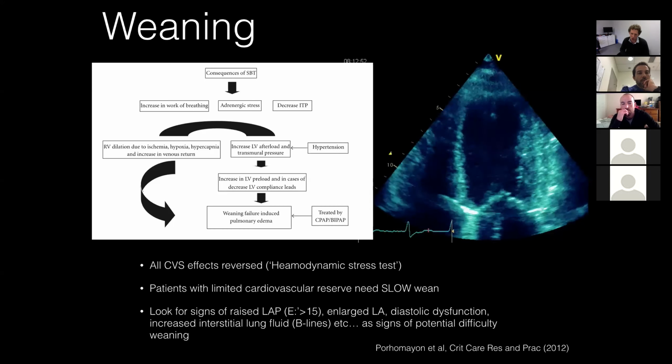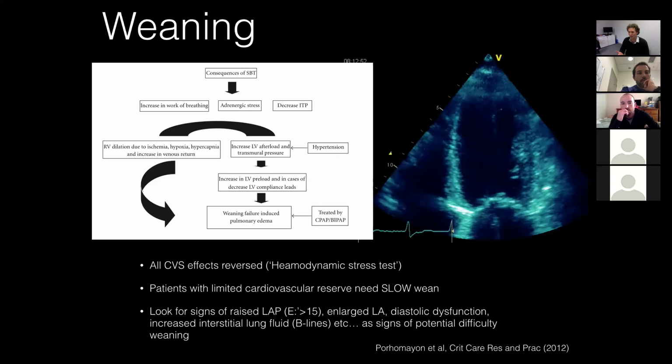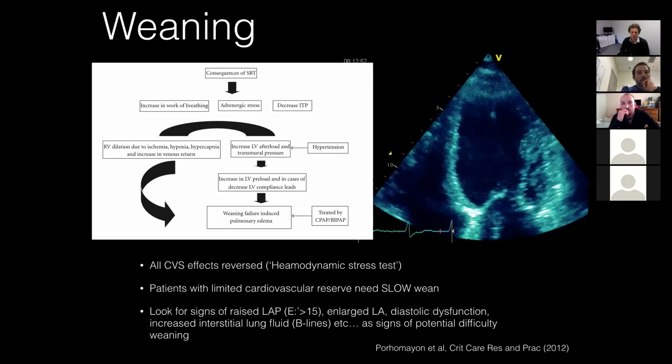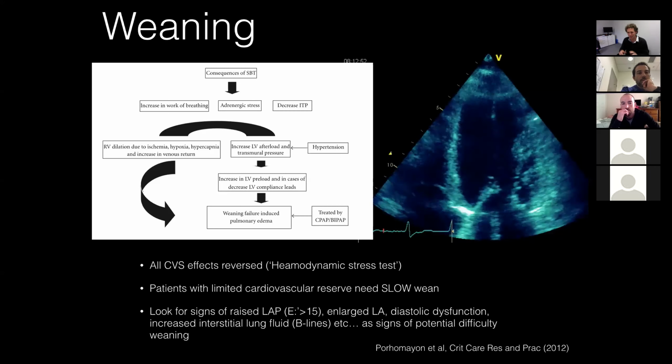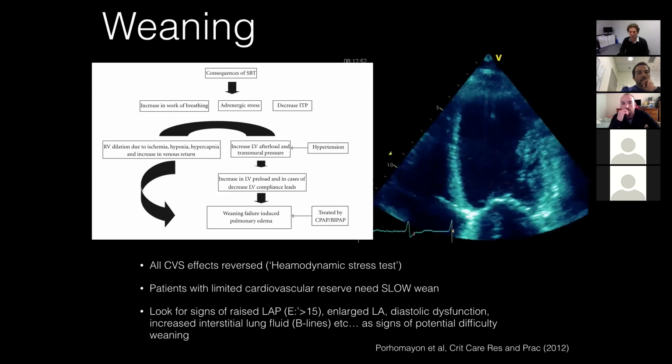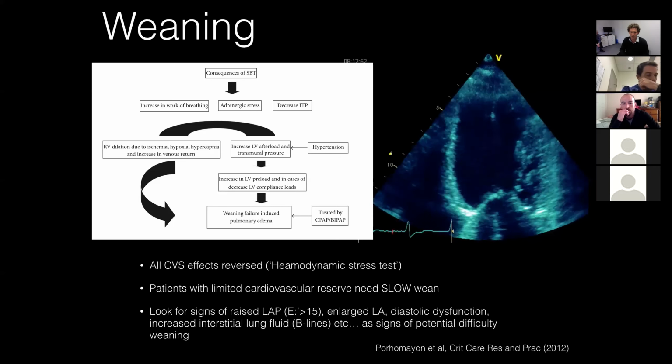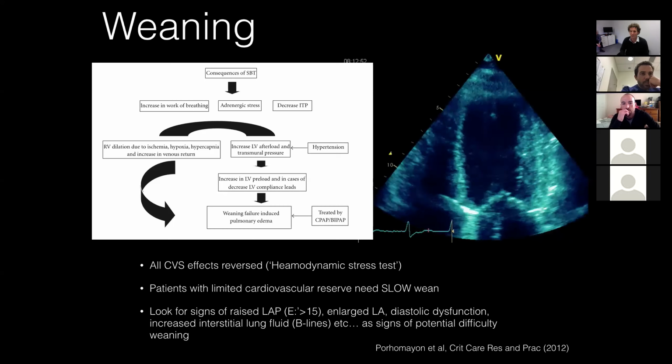And as I say, I don't have a lot of evidence to support that, but I think it makes physiological sense. So it's almost like, as I call it, a hemodynamic stress test. I try these on patients with a limited cardiovascular reserve, and I'm trying a slow wean. I look for signs of raised left atrial pressure.